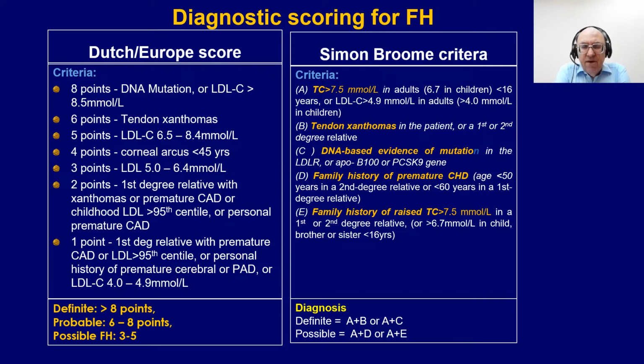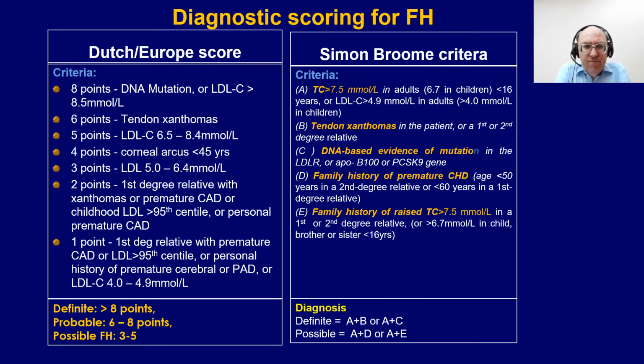That is increasingly being superseded by the use of a quantitative score, which actually gives a more probability-based estimate of whether one should actually gene test an individual or not.